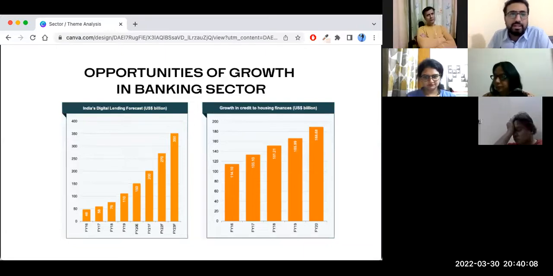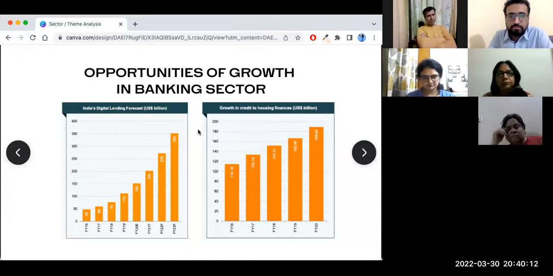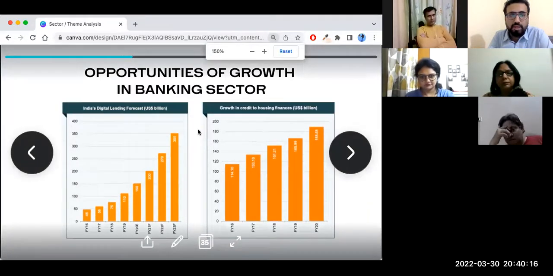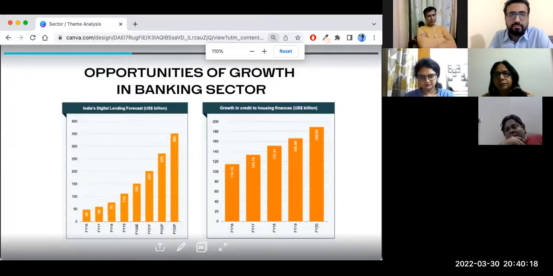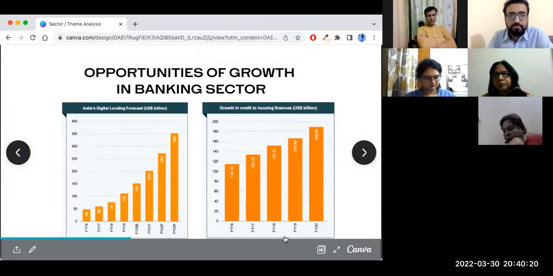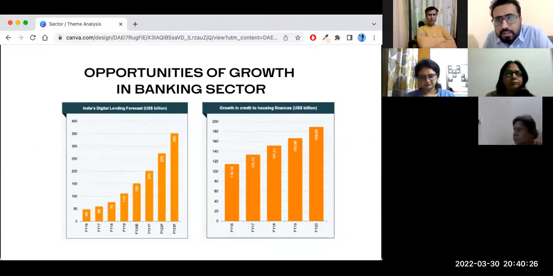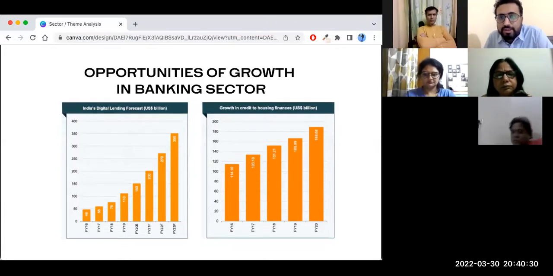Let me actually zoom in. I can't zoom. Okay. So on the left-hand side, you see the growth of India's digital lending.